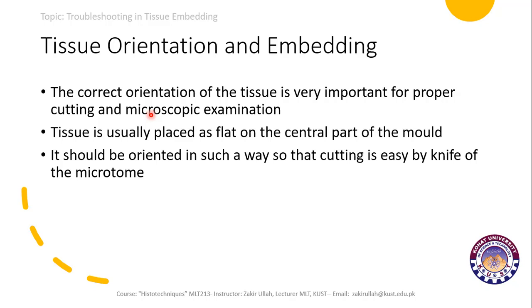Therefore, proper orientation is important. The tissue is usually placed flat on the central part of the mold, and it should be oriented in such a way that cutting is easy by the knife of the microtome.